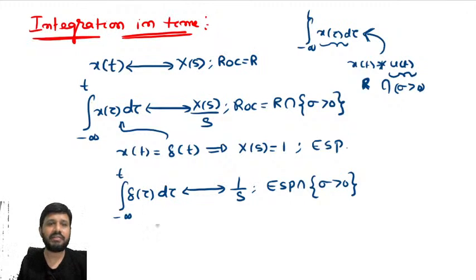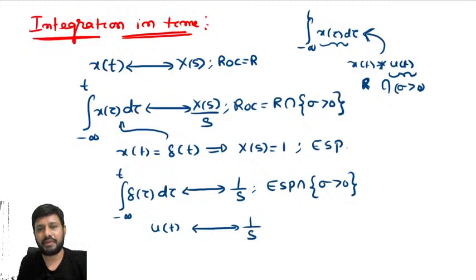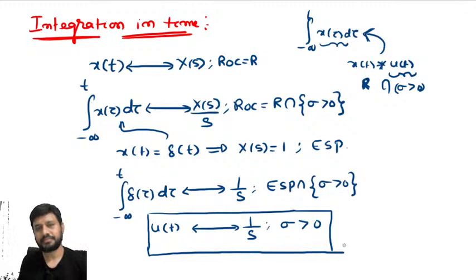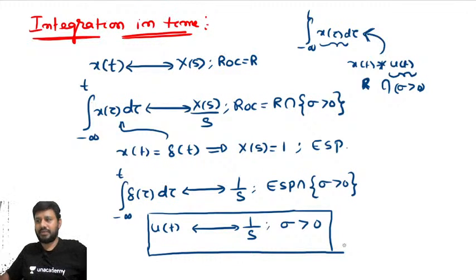But what is the integration of an impulse signal? A step signal. It forms a Laplace transform pair with 1 by s, ROC sigma greater than 0. So the Laplace transform of u of t is 1 by s.